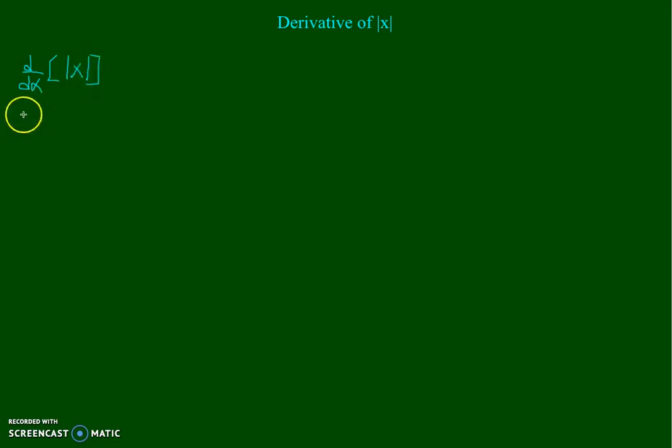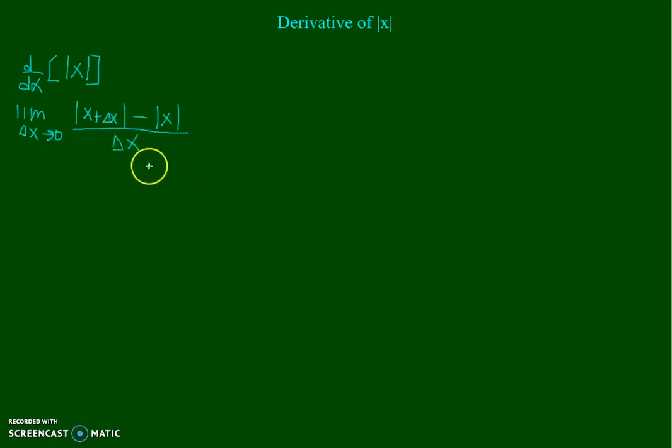The limit definition of a derivative is the limit as delta x approaches 0 of f of x plus delta x, so it's the absolute value of x plus delta x, minus f of x, which is the absolute value of x, all over delta x.